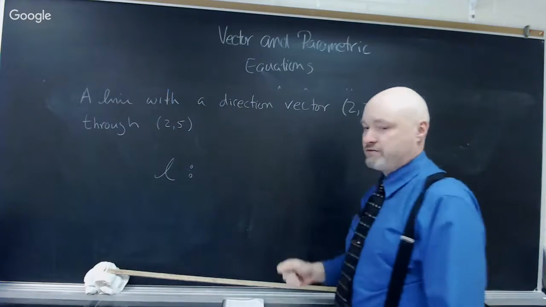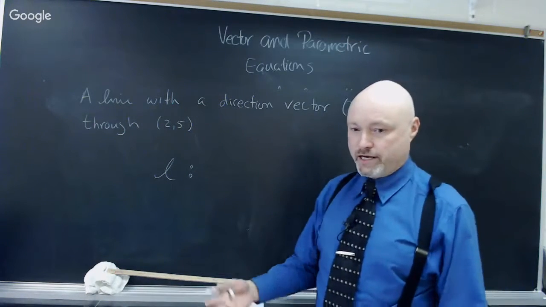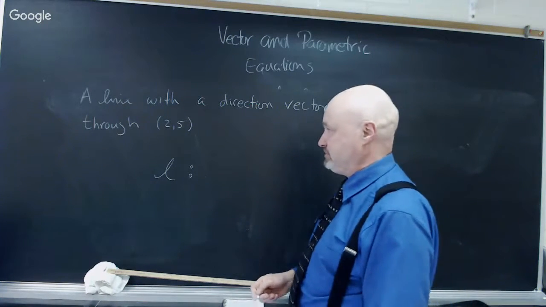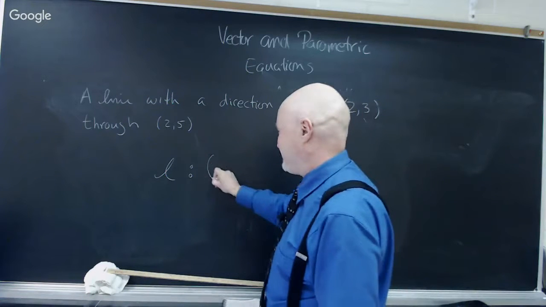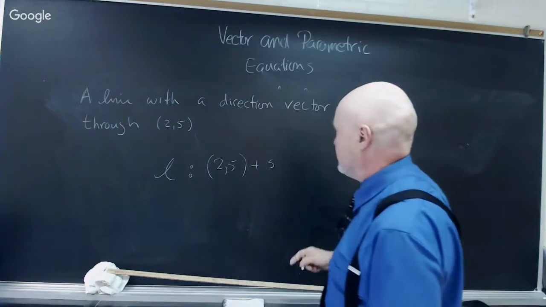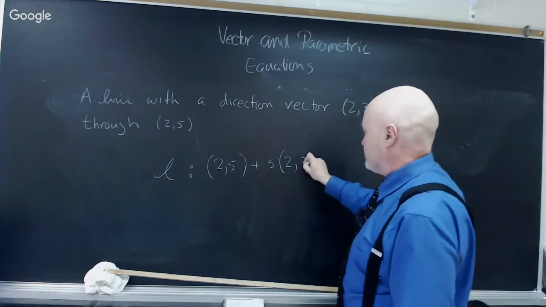So we have a direction vector. Any good ideas for a position vector? 2, 5? 2, 5. Yes. And then this is our direction vector, and so it's definitely s times 2, 3.